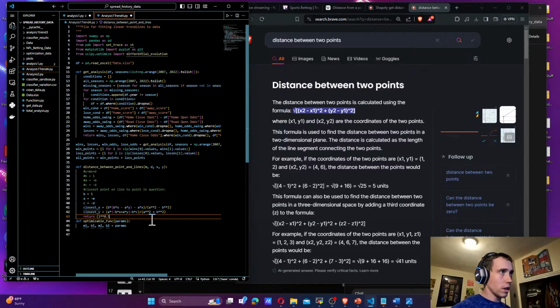Take the root of that. Inside the root, we're doing blank plus blank, each blank is squared. And then inside the blanks go x2 minus x1, y2 minus y1. So closest x minus x, closest y minus y.